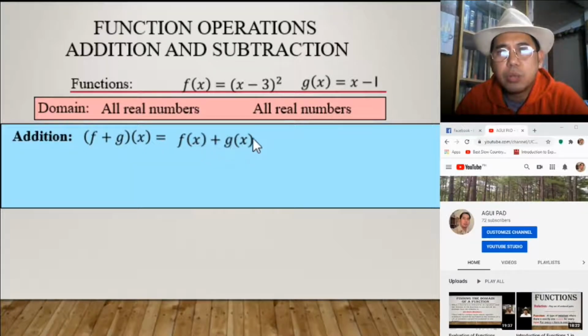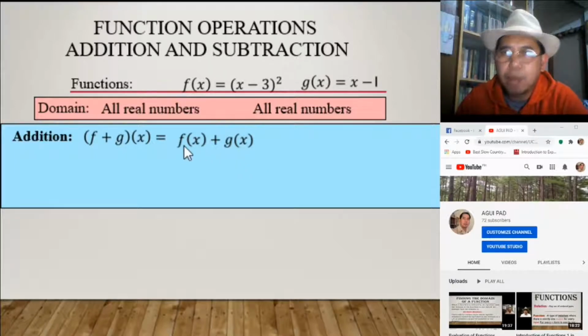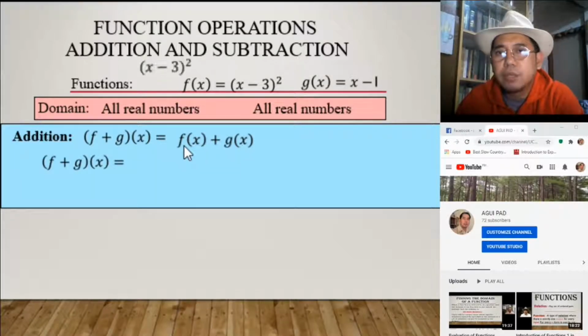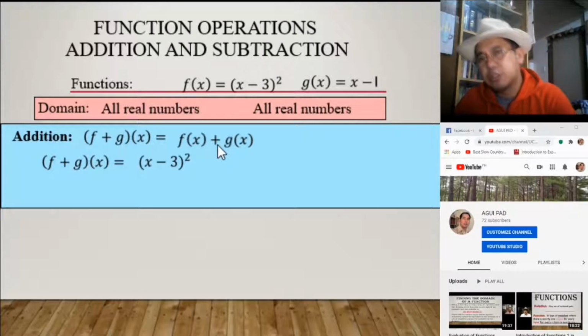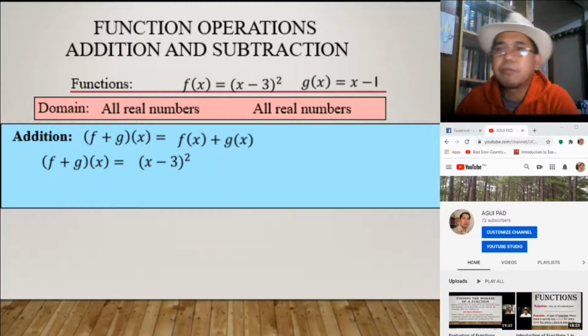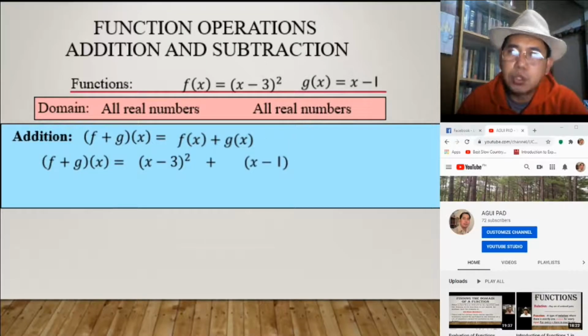So this will always be your pattern when you add two functions. For f of x, we have the definition, the square of the difference x minus 3, plus the definition of your g of x, which is x minus 1.